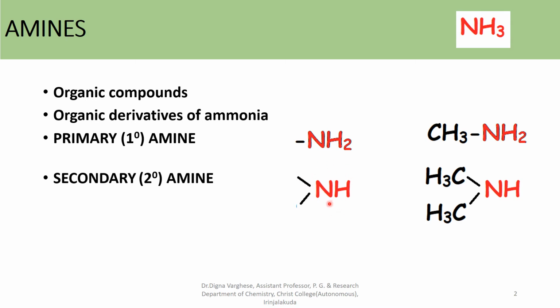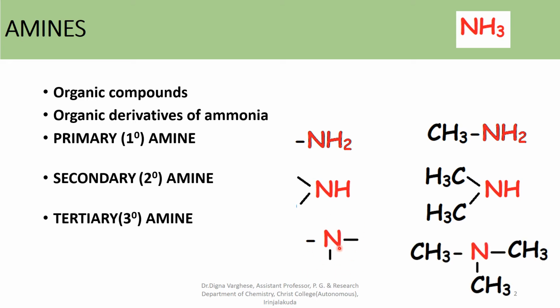And the last classification of amine is tertiary amine. The functional group is trivalent N. Here you can see an example, trimethylamine. These are organic derivatives of ammonia, classified into primary, secondary and tertiary amines.